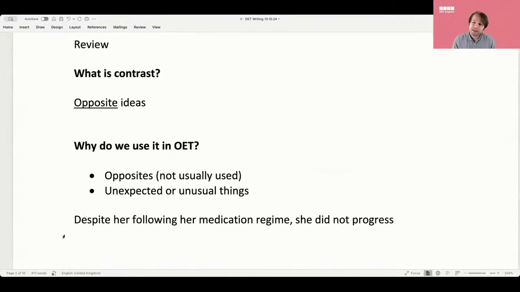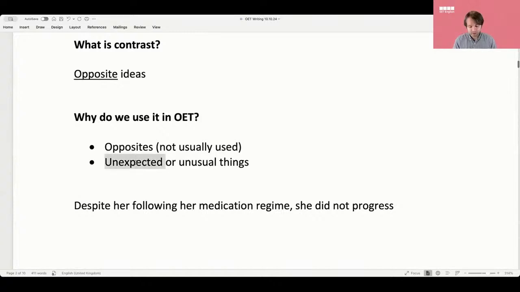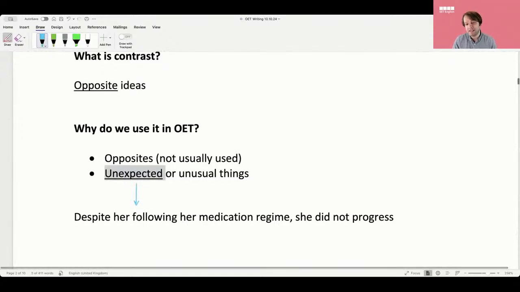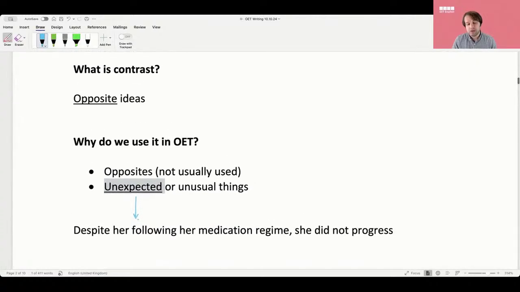Is this the opposite? No, of course it's not. This would be unexpected, right? Usually, when people take their medication, they would make some progress. That's the idea. So this is usually when you're going to use it in OET. You're going to use it for unexpected or unusual things.